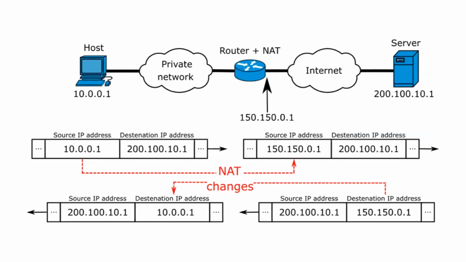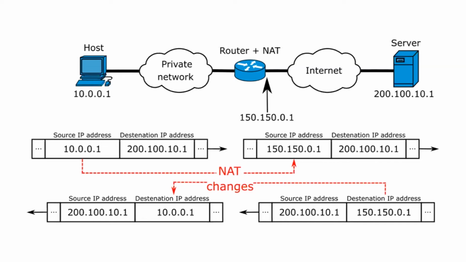So what really happens is, imagine this is a typical scenario where you have a private network, and let's say the machine is having 10.0.0.1 and you have a router, and from there it connects to the internet, and it goes to an internet IP called 200.100.10.1. Normally in a network, whatever information you are sending will be divided into packets. In the packet, you will have a source IP and a destination IP.